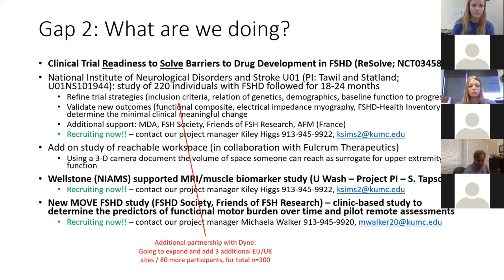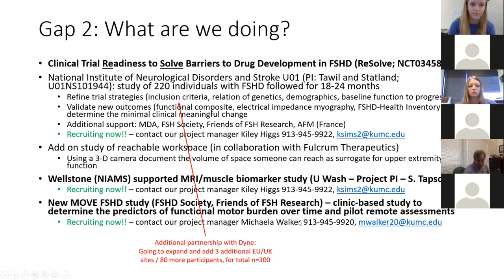We have one study called Resolve, and this is mainly looking at strength and functional measures over time. These would be the kinds of outcomes that a company would need when they're getting closer to wanting marketing approval for their drugs. We have another study looking at those MRI and muscle biomarkers that we've been talking about, running at a number of our sites, and we'll be trying to confirm how to use those muscle biomarkers and what changes in the muscle on MRI over time.